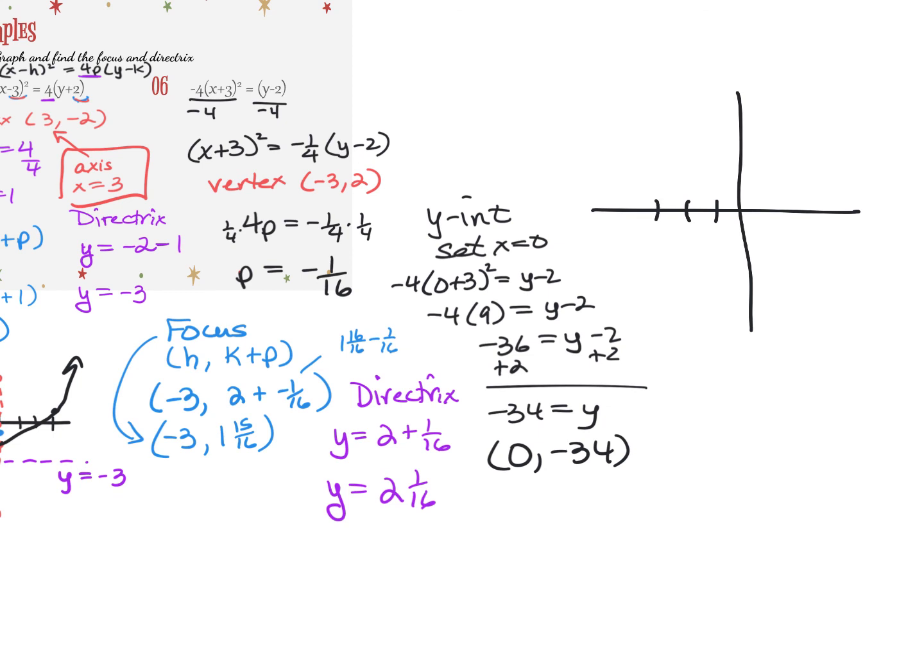One, two, three. So again, my vertex was at -3, 2. My focus was at -3 and then 1 5/16. So like right there. And then the directrix is going to be right behind it at 2 1/16.